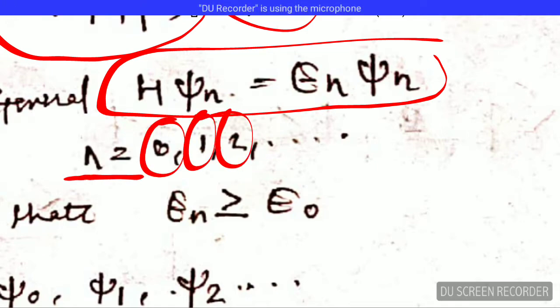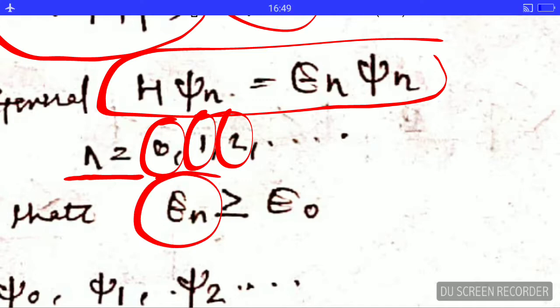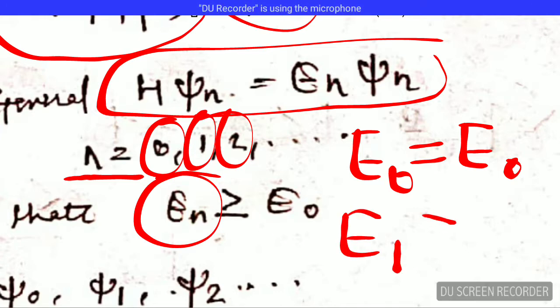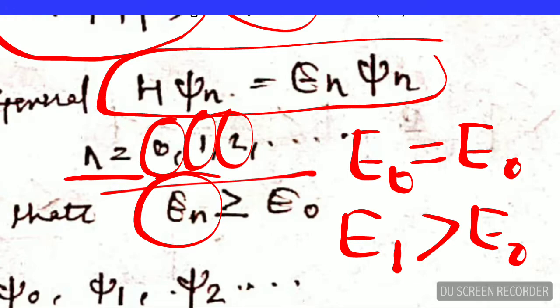It can easily be seen that En is greater than or equal to E0. For n equals 0 it will be equal to E0, but for other values of n, for example 1, it will be greater than E0. So in combined form it is written like this.